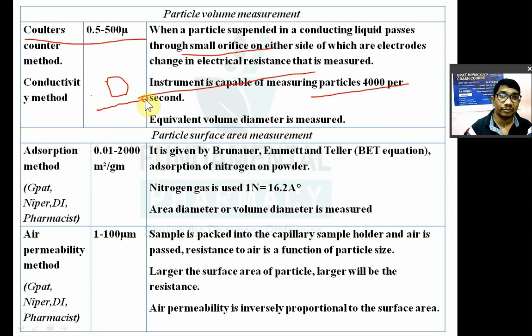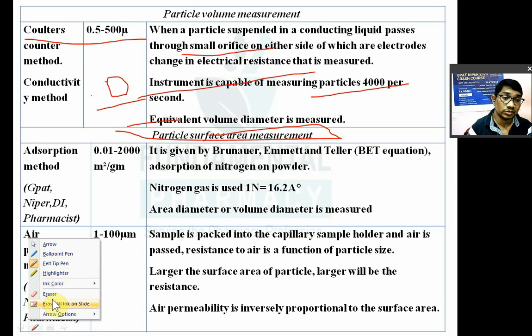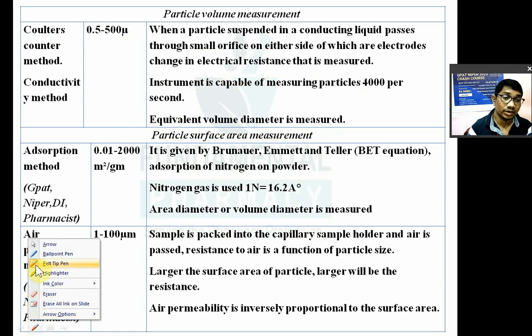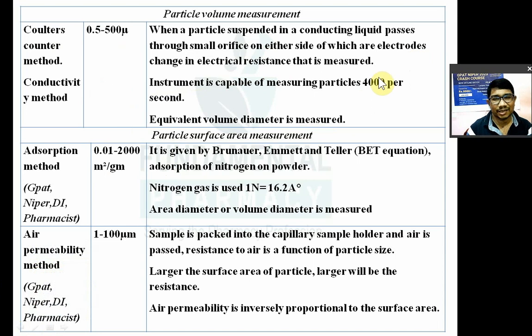So it is a very quick method. Equivalent volume diameter is also measured in this. Questions come very often on particle surface area measurement. Which method is used for particle size measurement? Which method is used for particle volume measurement? Which method is used for the measurement of particle surface area? For particle size, first is optical microscopy, then the sedimentation method. In the sedimentation method comes the Anderson pipette method, and there are one or two more methods which we will see, but the Anderson pipette method is the most commonly used. In the Coulter counter method, particle volume is measured, remember this. Volume plus surface area is also measured. For particle volume, the Coulter counter method.